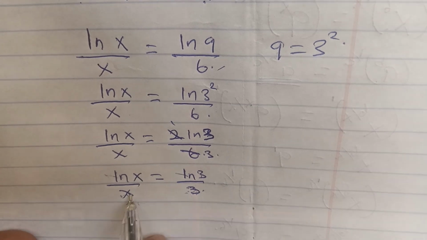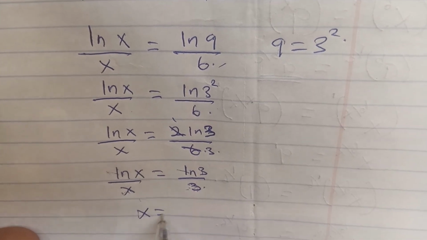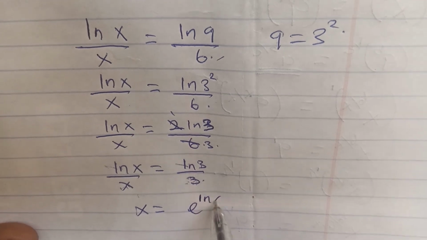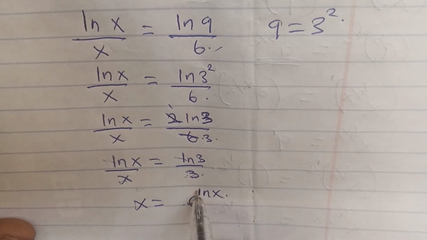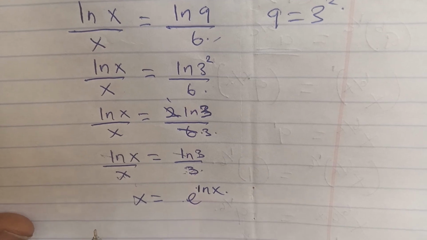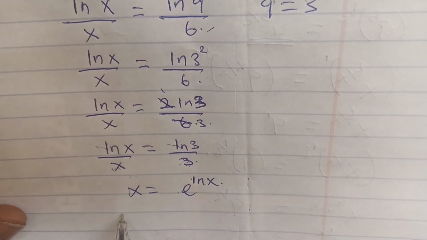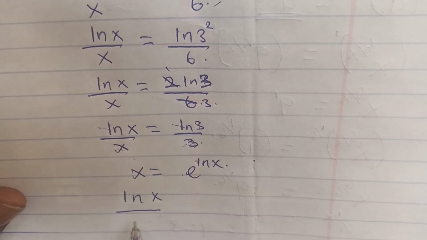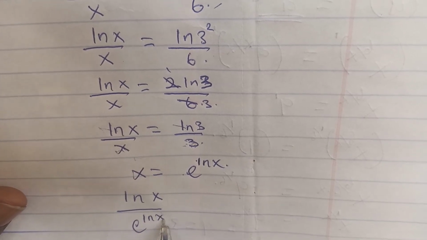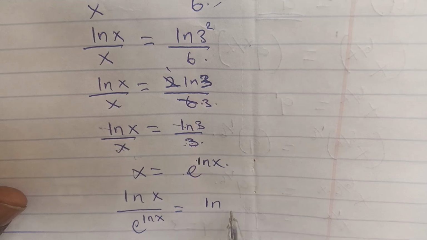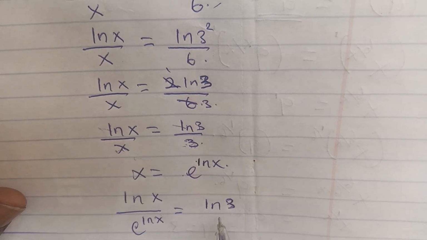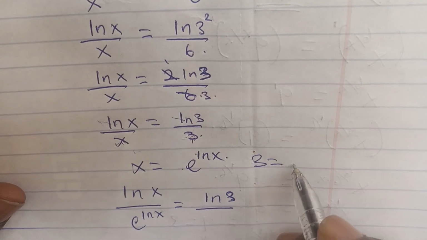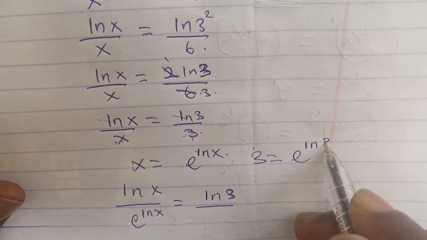So if I'm having this, I can write x is equals to exponent ln x, because this exponent will cancel this ln. So if we do that, we are having ln x over exponent ln x equals to ln 3 over, so the same thing for 3, and 3 is also equals to exponent ln 3.